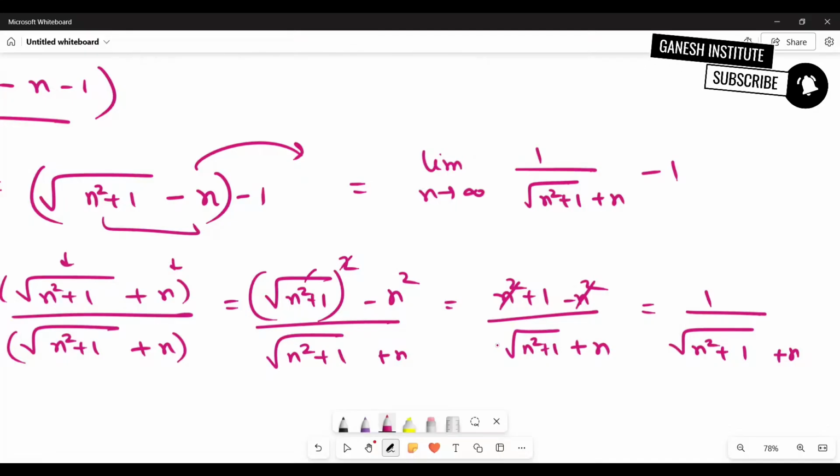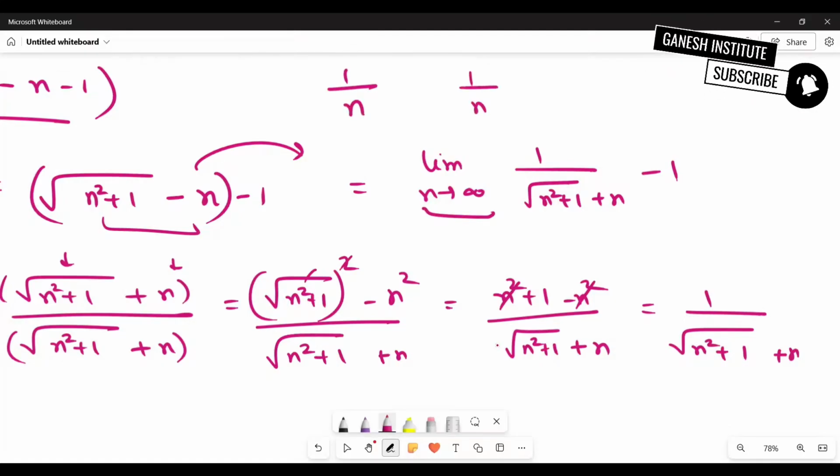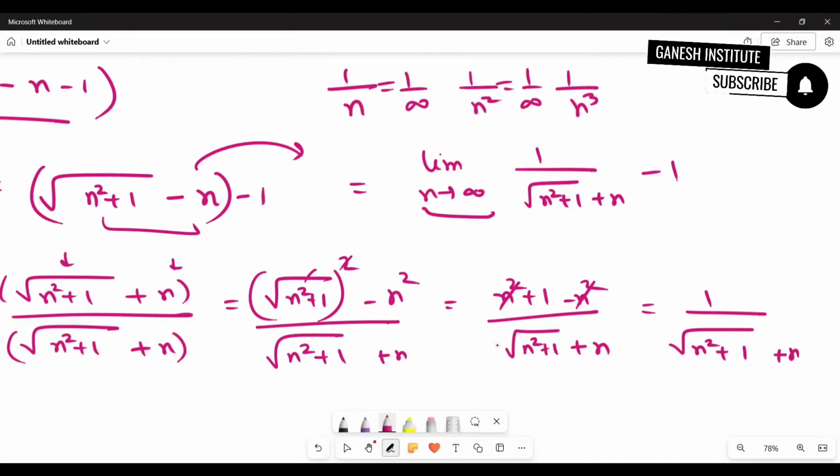Now you have to separate and see whether it is an increasing function or where it is heading towards. If you substitute n as infinity, why have I done this? Because when you have an infinity limit, it would be better if you can get n or its higher powers in the denominator, because 1 by infinity is 0 only, right?